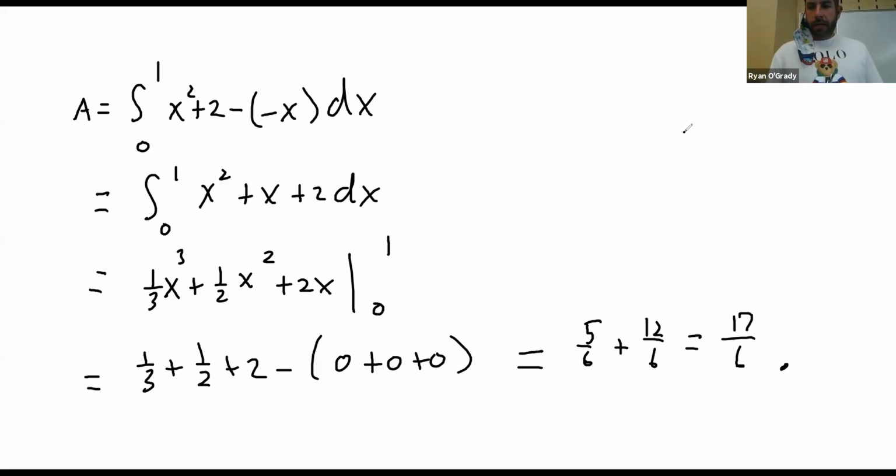All right, so number 10 is going to be very similar to one of the ones we did yesterday. It has two regions. You have to consider them separately. So again, let's look at number 10.